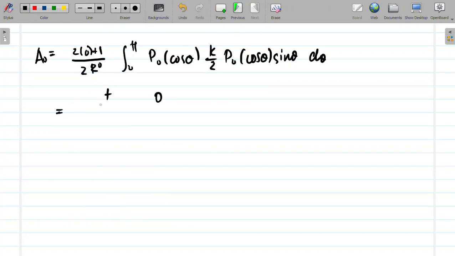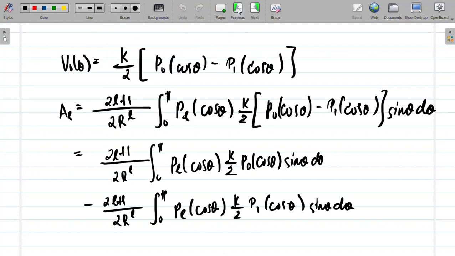So, this is 1 half times k over 2, 1 half times k over 2 times, ano na naman yung orthogonality condition?